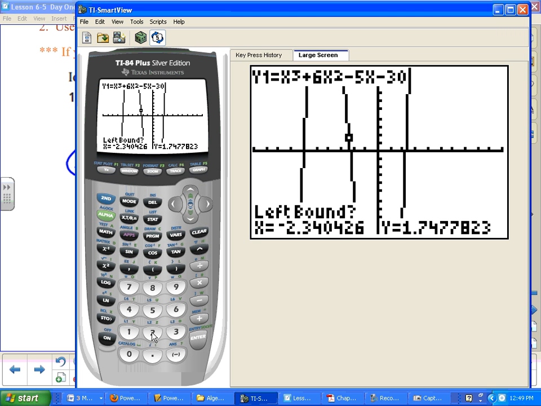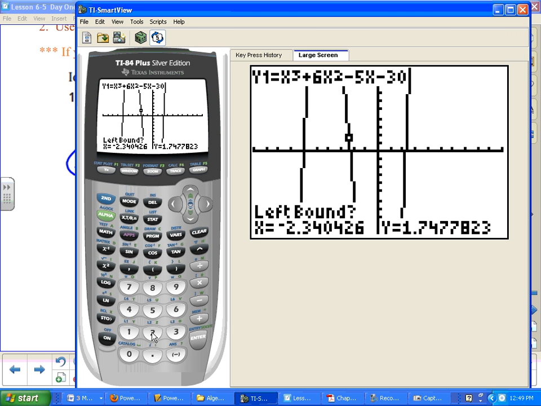Now it asks for the left boundary, which means I want my x value to be to the left of where the graph crosses the x-axis. I can see that this 0 is between -2 and -3. Can you all see that?